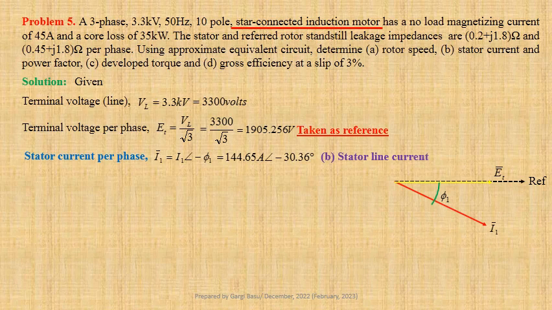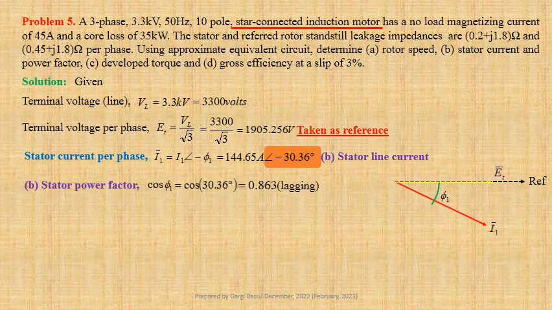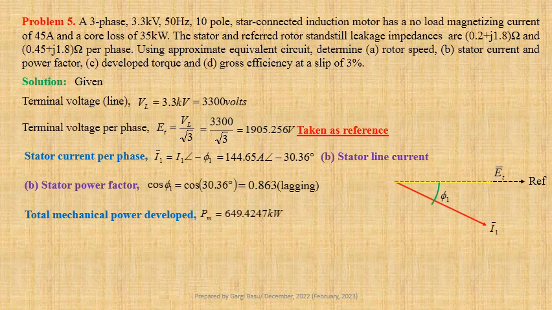Let us now determine stator power factor. Cos phi 1 equals cos of 30.36 degree, that is equal to 0.863 lagging. We have computed total mechanical power developed, P_M equals 649.4247 kilowatt, and total input power P_in equals 717.064 kilowatt.